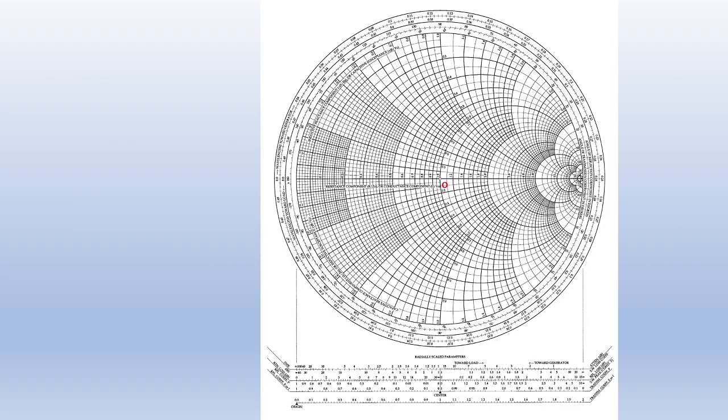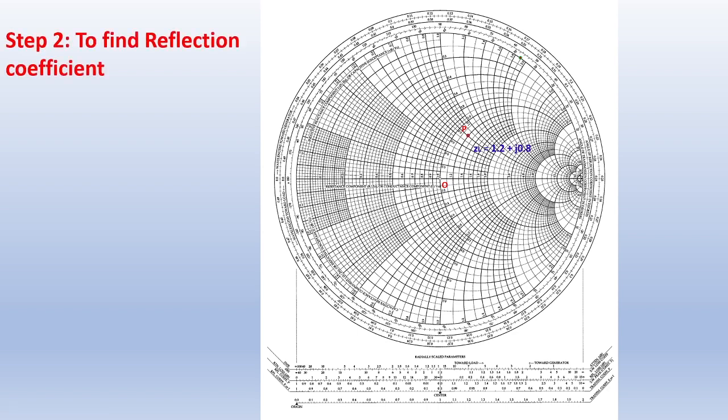So let's plot it. Here it is 1.2 and 0.8. The intersection of that will give us the normalized impedance, so point P is the normalized impedance. The next step is to find the reflection coefficient. Extend this point till the circumference, and call that point Q. You need to find the distance of OP and OQ.